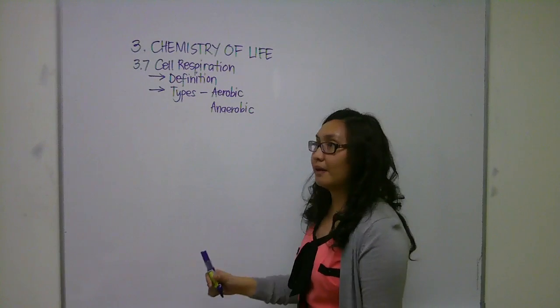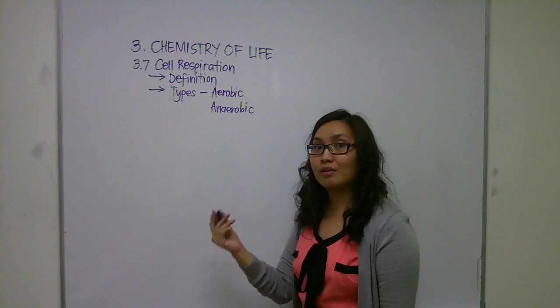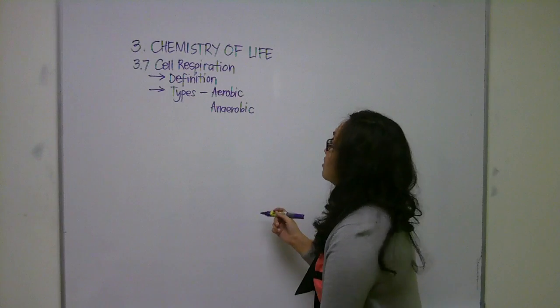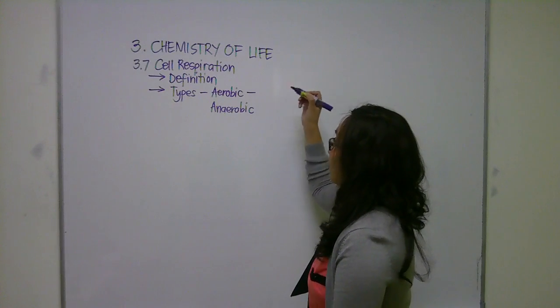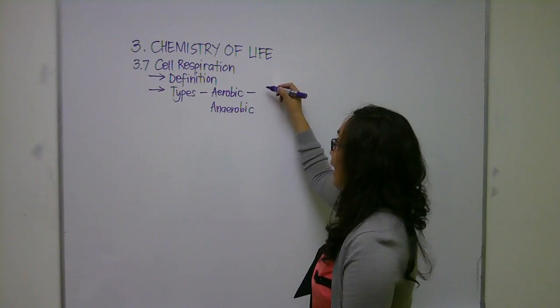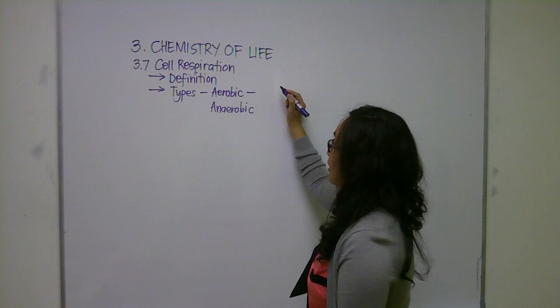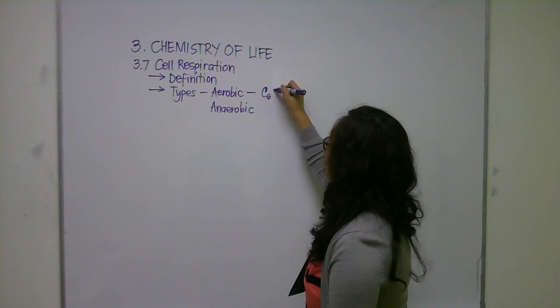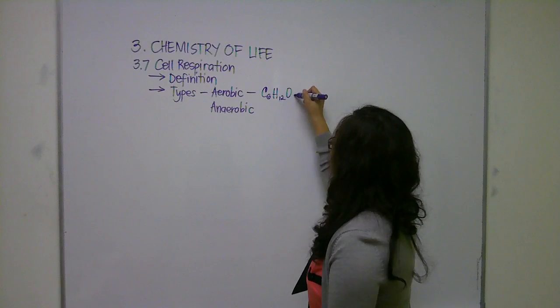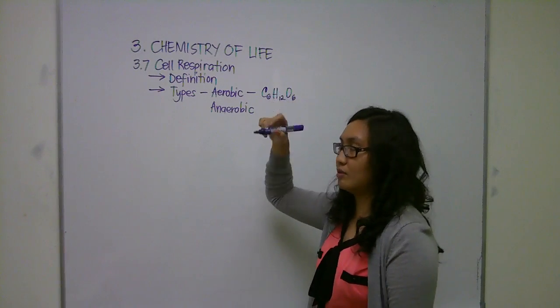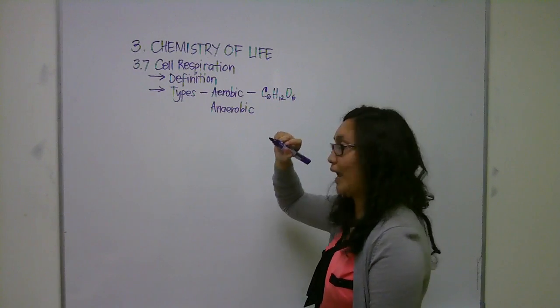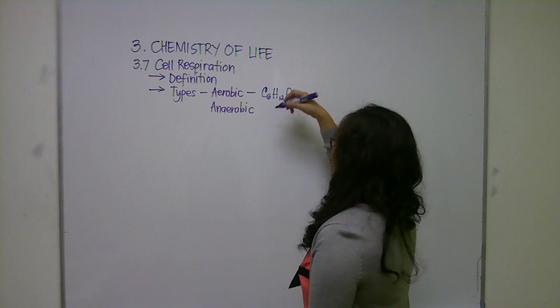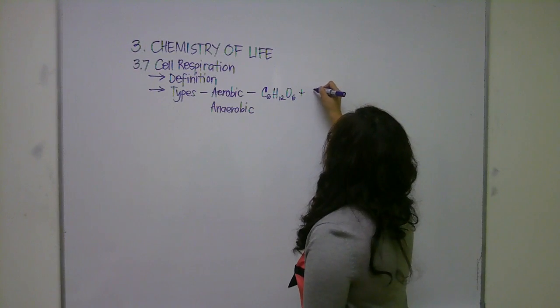They can be compared according to different descriptions. First, it is helpful to write down the chemical reactions. In aerobic respiration, it uses glucose. Students need to write down the chemical equation.